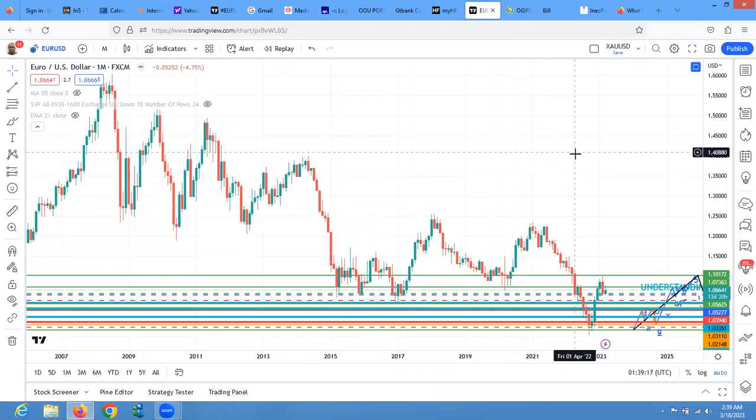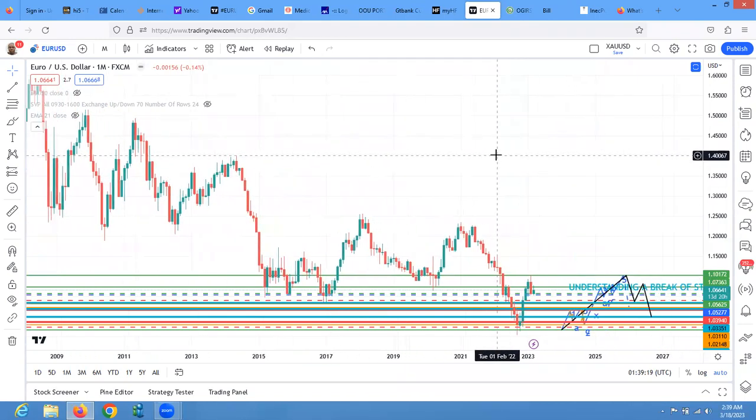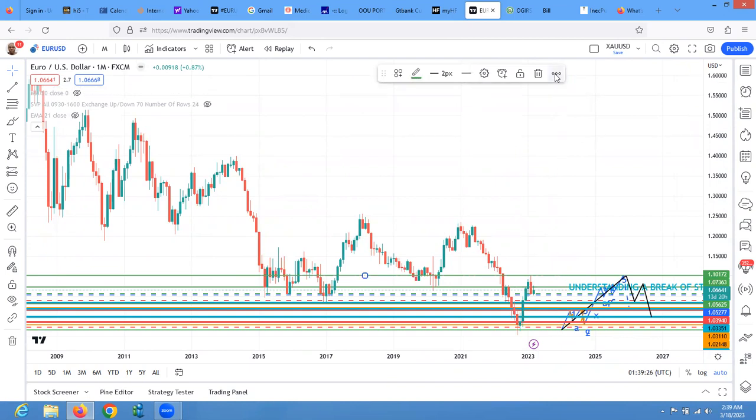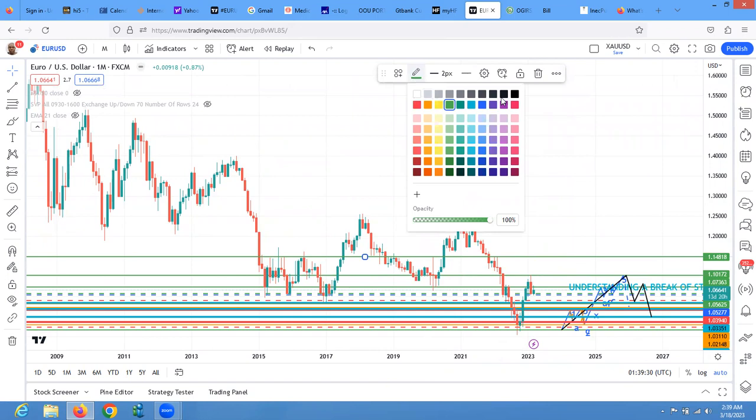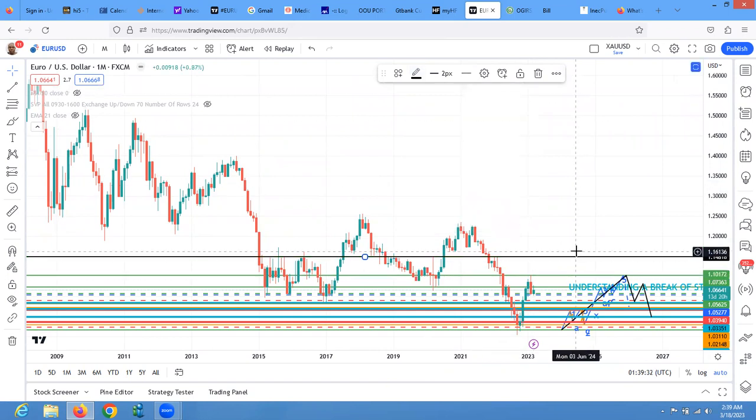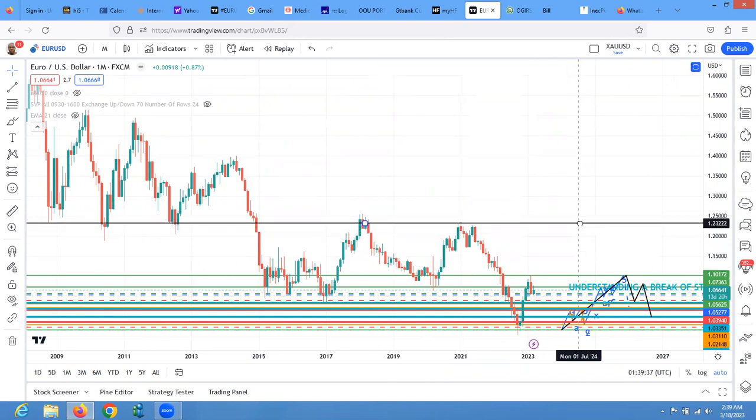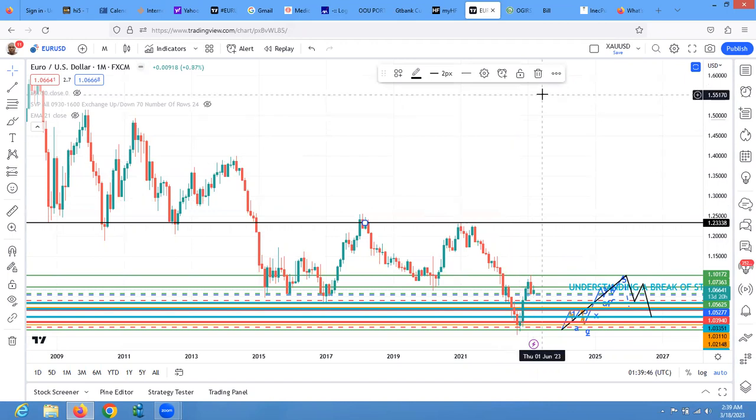Now, what I'm saying here is this. If we see this as the origin, or the beginning of this wave, which is wave 5, one of 5, that's the origin.